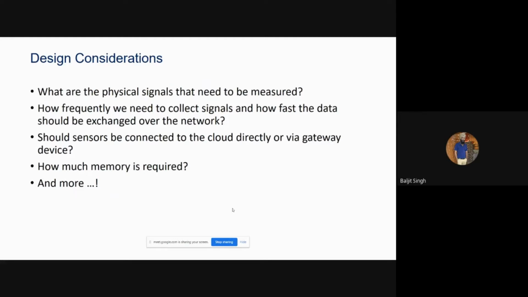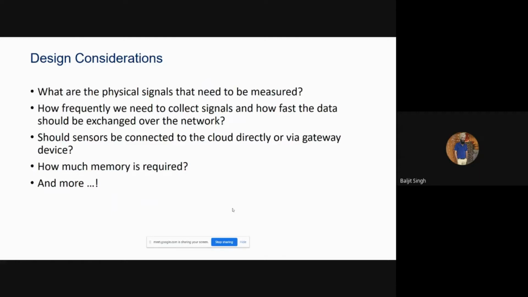before directly jumping into the design of the precision farming system, we will first discuss some of the design considerations. We have discussed embedded system design considerations on the first day of this short term course.